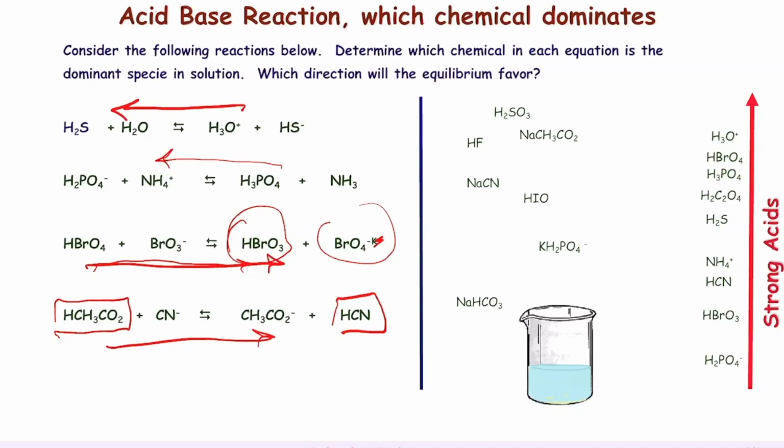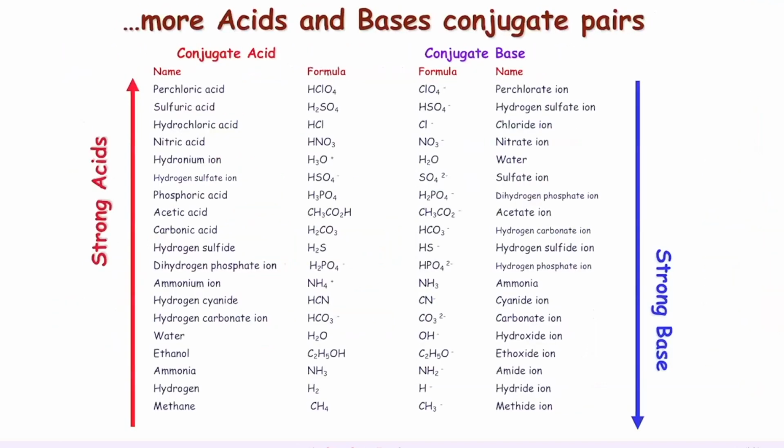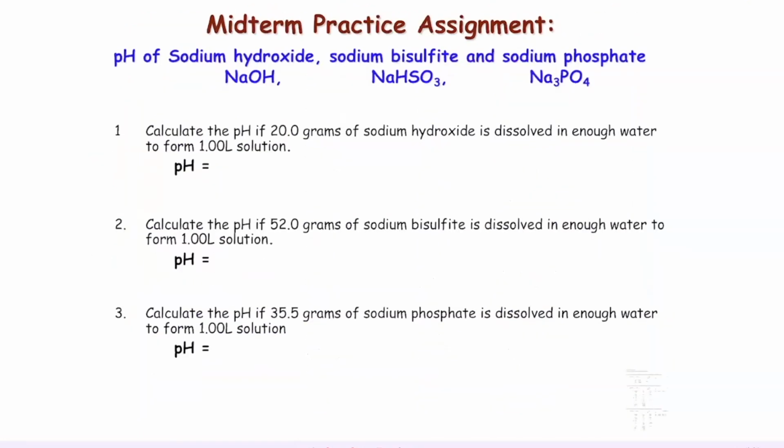The stronger acid will always win out. Okay, the stronger acid will always win out. And you know which is the stronger acid, because you have either the Ka, or you can find it in a table. Okay, here's a problem.